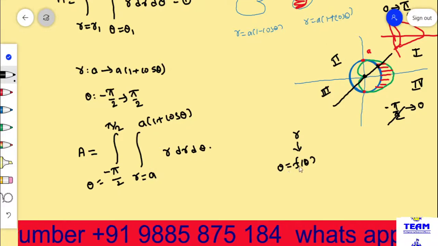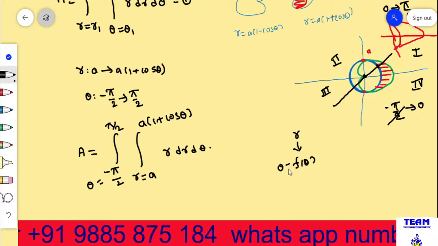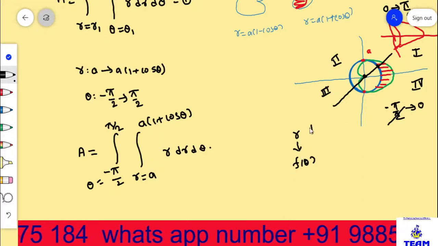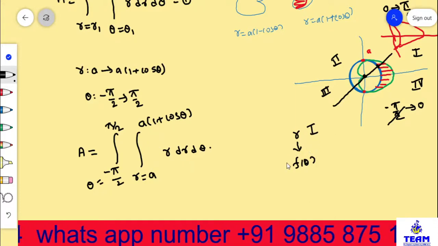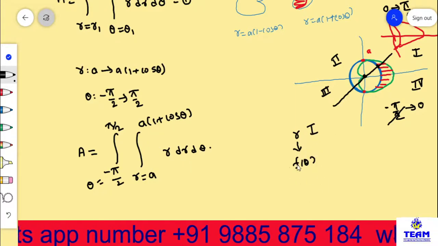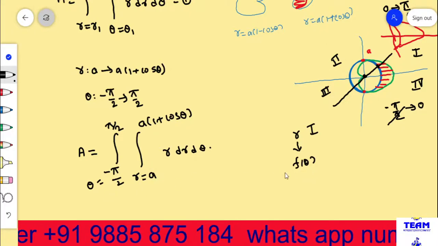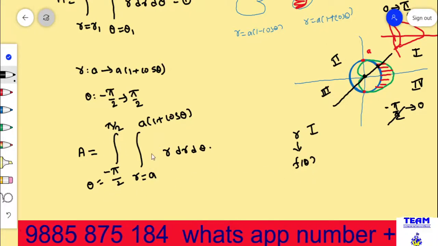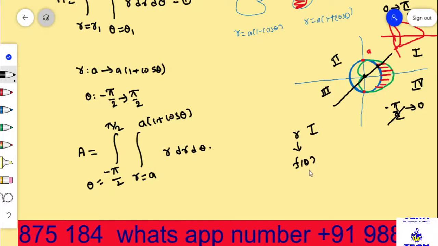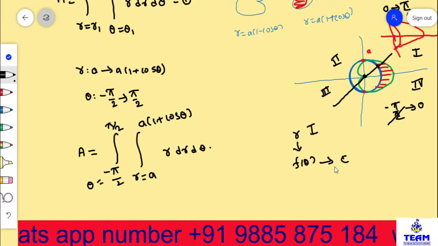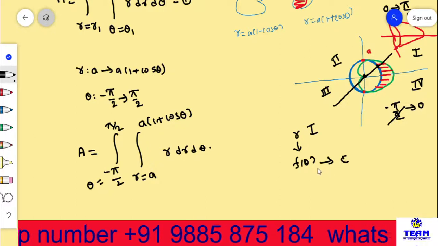A function of theta can never be theta only. So first you have to integrate with respect to R. Then you will get the upper limit and lower limit, and the entire integrand will become a function of theta. Later you integrate with respect to theta and substitute pi by 2 and minus pi by 2. You will get a constant directly. You will get the area value. Is it clear, friends? Is how to evaluate clear for you?